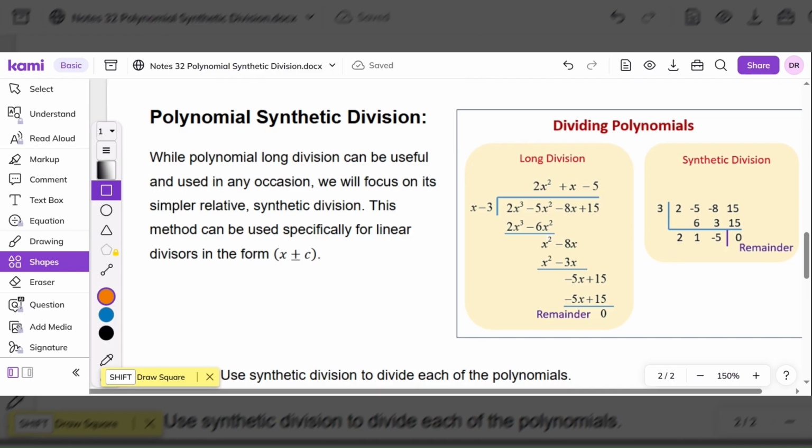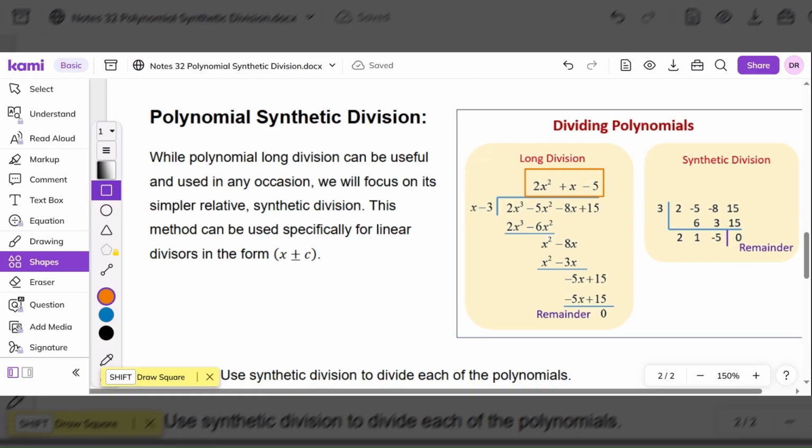Okay, so I have this little chart off to the side that's showing both types of division for the exact same problem. For long division, there's all those steps that we were just talking about, where we find something, we write it down, we multiply it over, write it below, subtract it, and then continue the process. And when we were all done with that, there was a remainder of 0 and a quotient of 2x squared plus x minus 5.